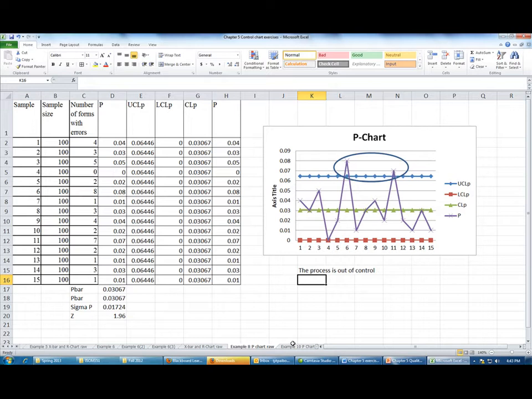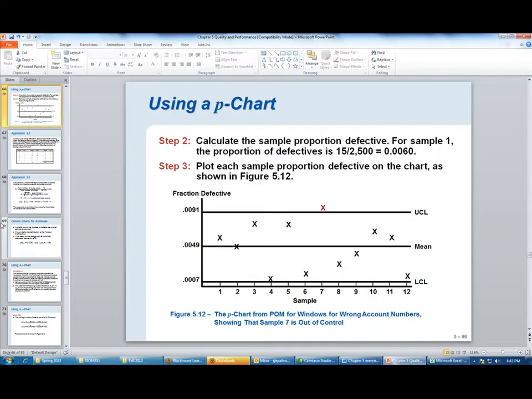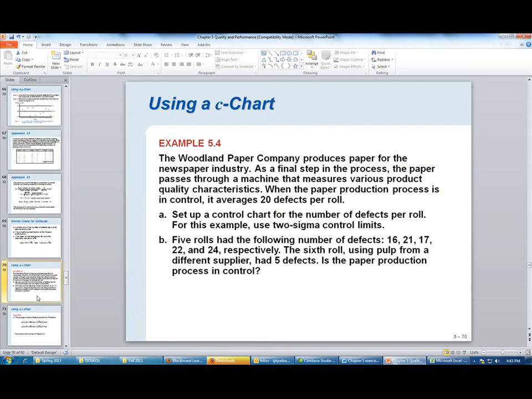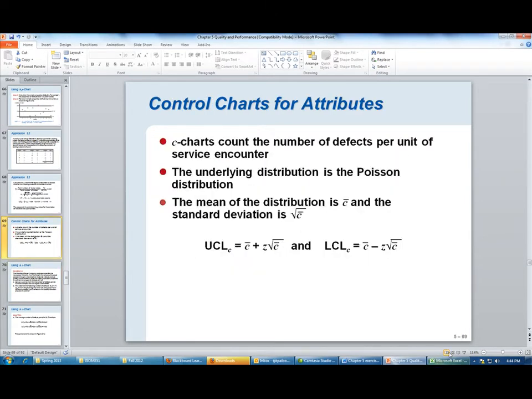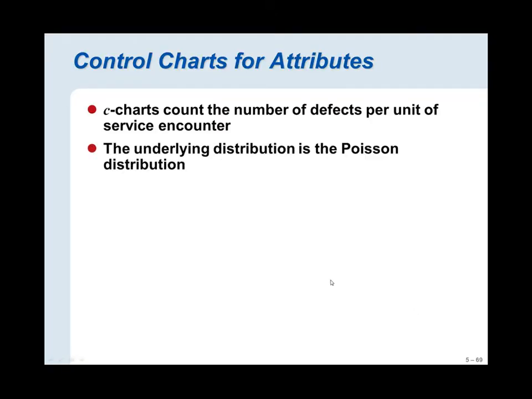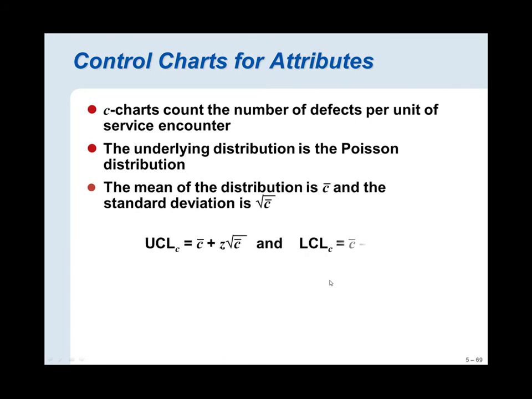Okay, next we are going to go to another chart we call a C chart. C chart and P chart are different from each other. C chart can be used for the situation when you have only one sample size.